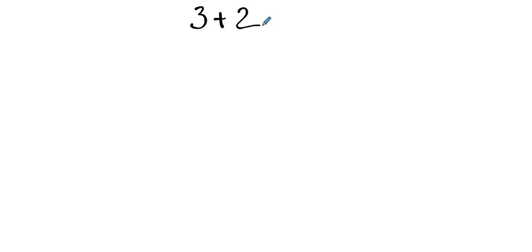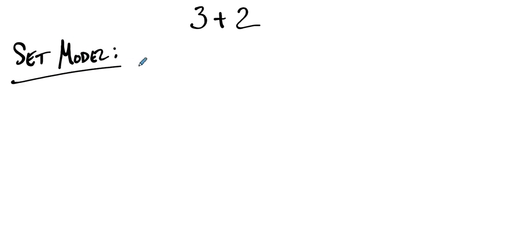My guess is that you did something probably like the set model. You held up 3 fingers and then 2 other fingers and said, oh, look, there are 5 fingers. Or you had 3 blocks and 2 other blocks and you said, oh, look, there are 5 blocks.